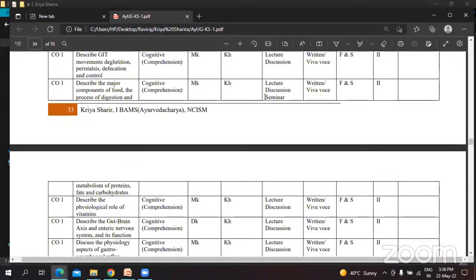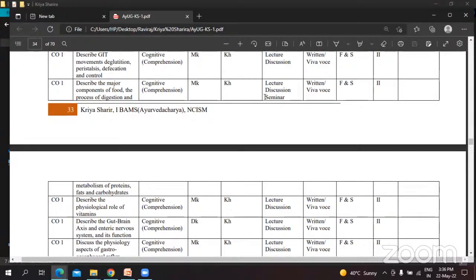But we will expect you to know the pathological aspect also. And for that, we will require an expert from pathology. So maybe we will be calling some teacher or HOD from the pathology department, from the medicine department, right?